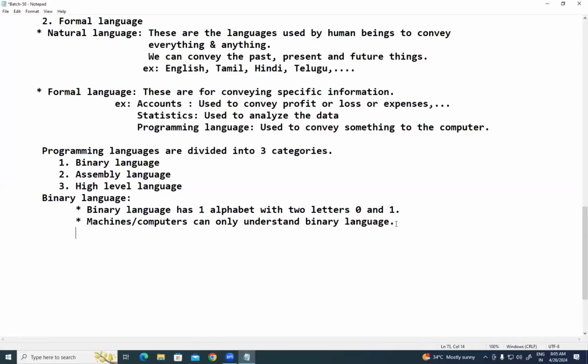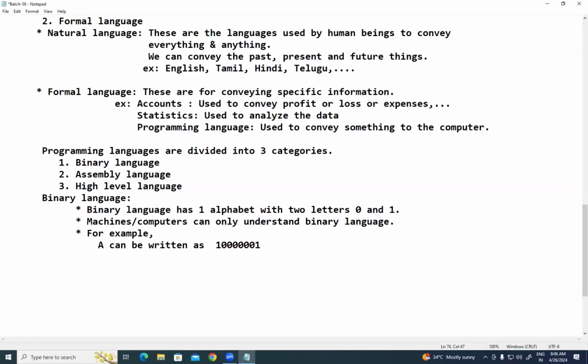See guys, for example, to write the letter A, capital A can be written like this: 1 0 0 0 0 0 0 1.